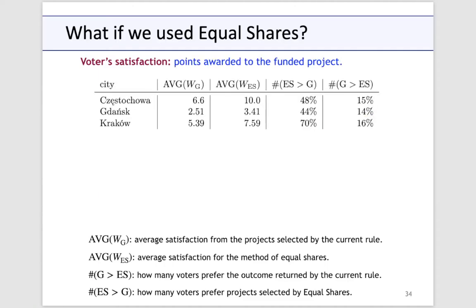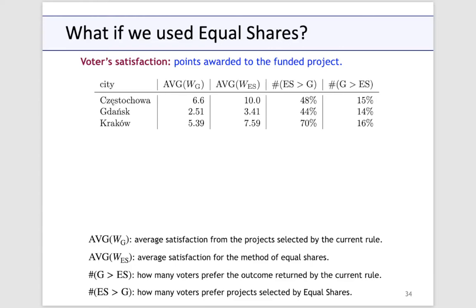What would happen if we define the satisfaction of the voters differently? For example, in cities that use voting in scale, it makes sense to define the satisfaction of a voter as the number of points that this voter assigned to those projects that were selected. If we define satisfaction this way, then our conclusions still hold.